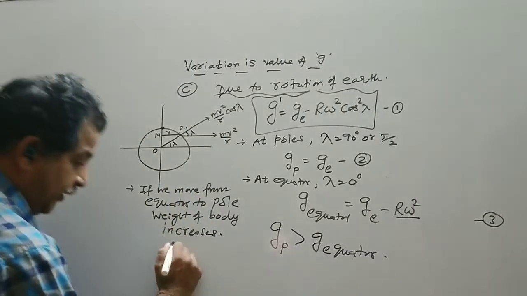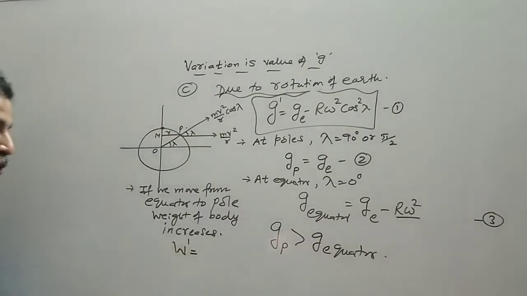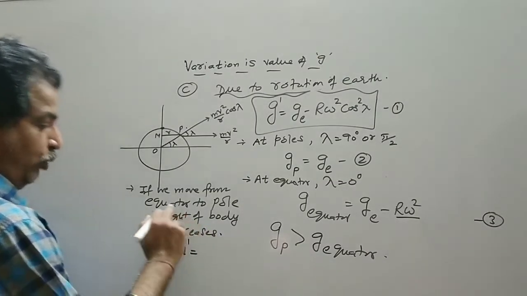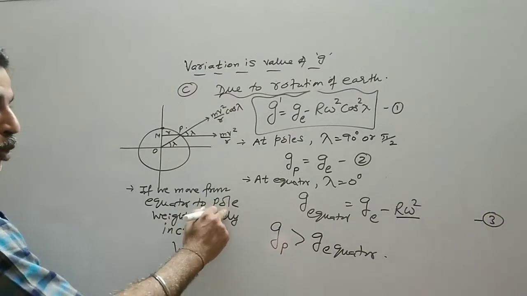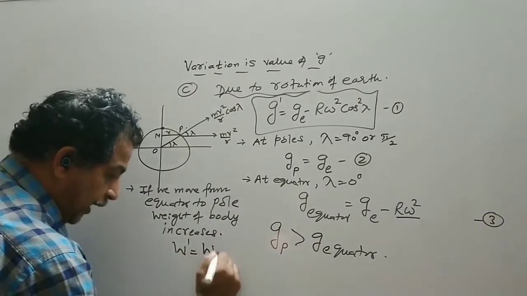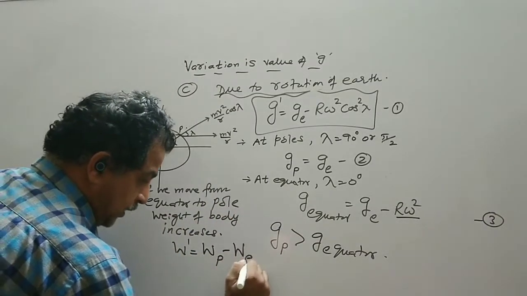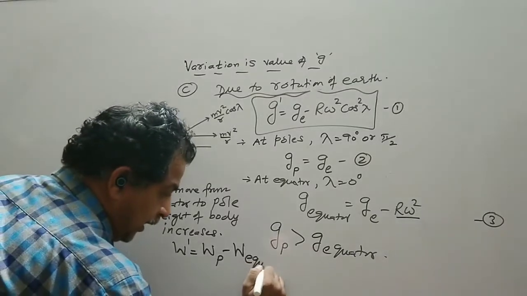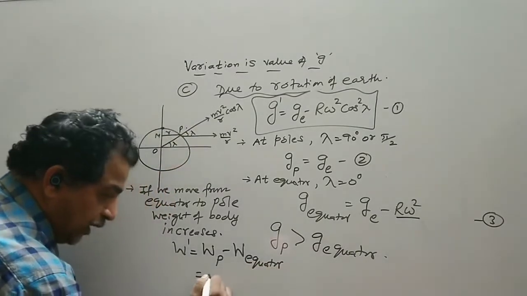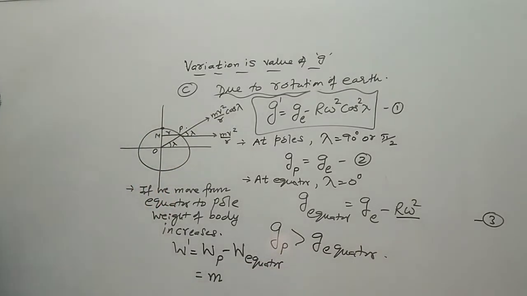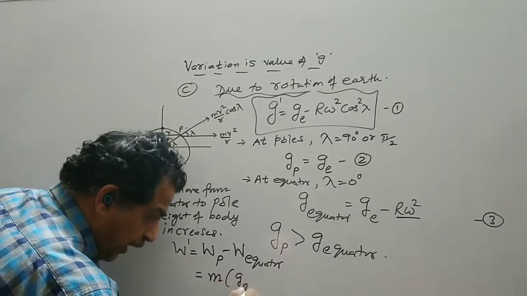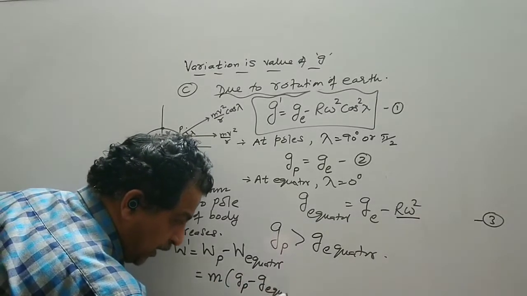So the new weight is, you are moving from equator to pole, at the pole the weight is more, so weight at pole minus the weight at equator. So this becomes M, mass is constant, into g_p minus g equator.